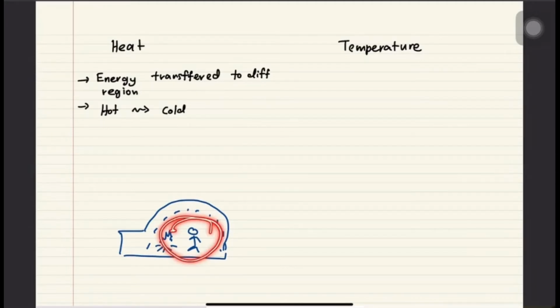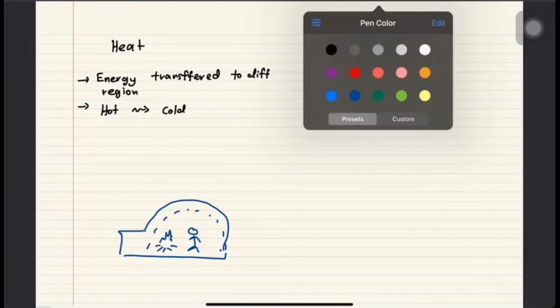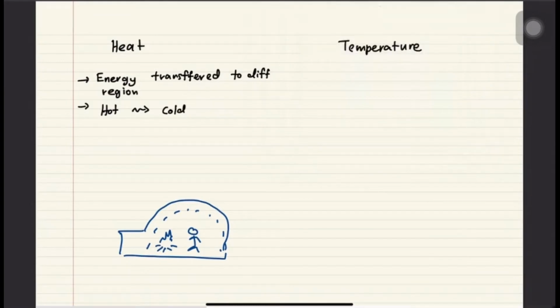Panas. Kan? Okay. And then now my question is, heat tu ditransfer daripada mana? Dalam keluar ke luar ke dalam? Mana satu? Okay, kalau kes macam ni, sebab dalam tu panas, dekat luar sejuk ke panas? Sejuk. Oh, dalam keluar. So it will be inside out. So heat transfer out.